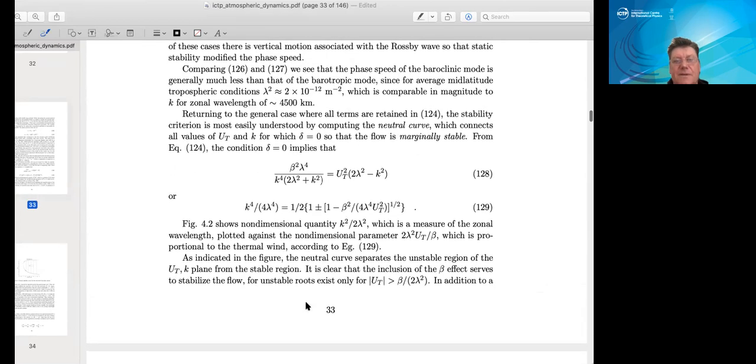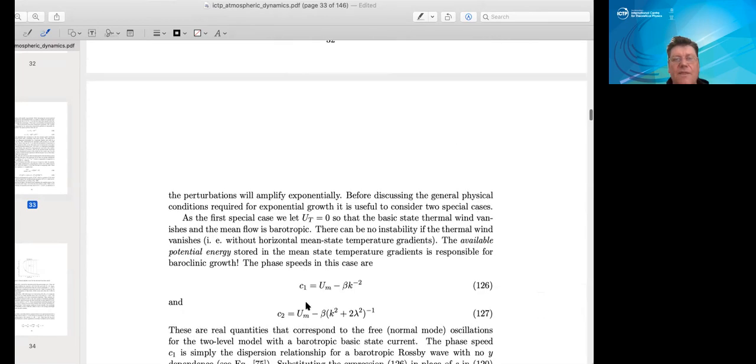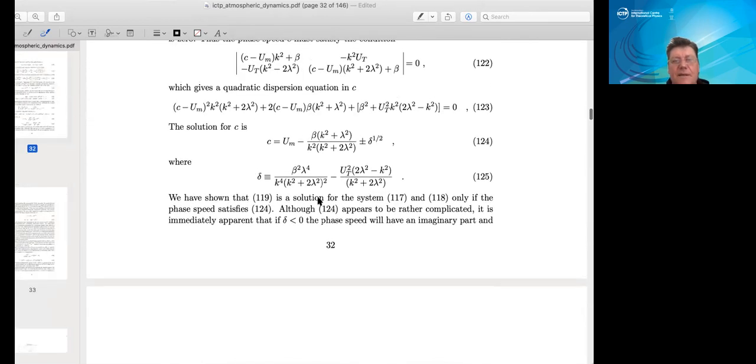So one thing we can see is that the beta effect is always stabilizing our system, because without the beta effect, delta would always be negative, and we would always have an imaginary part.